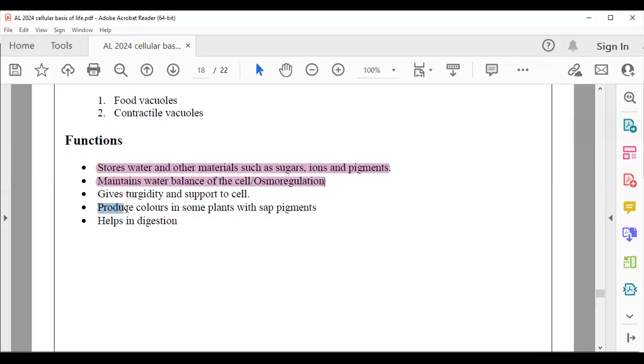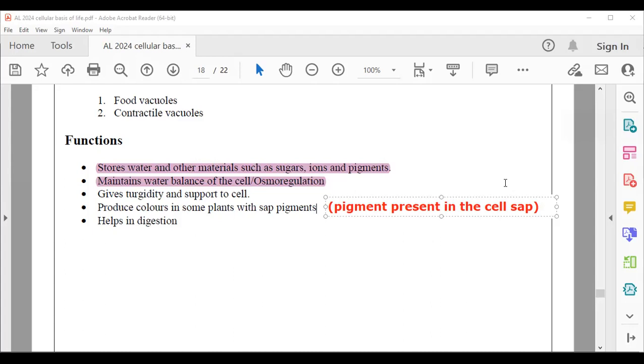Now, can you understand producing color in some plants with sap pigments? Why is it called sap pigment? Because it is present in the cell sap, we call it sap pigment. Are you clear on these four functions?